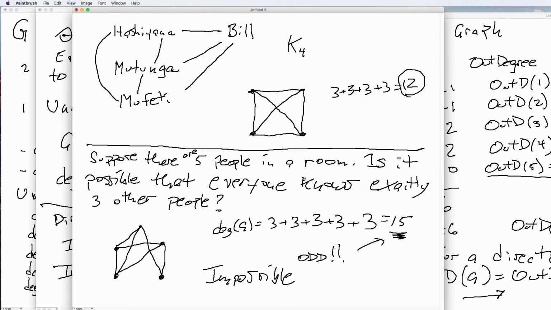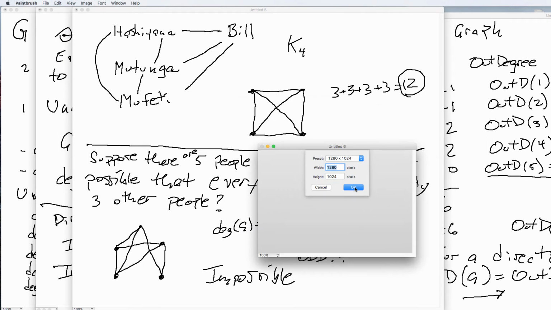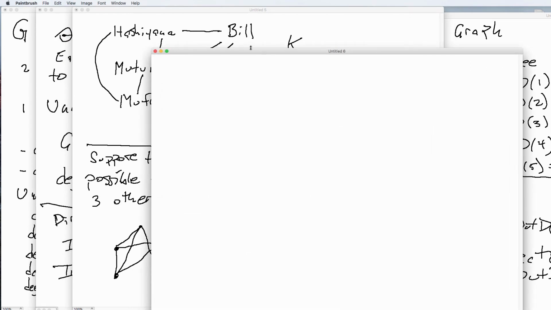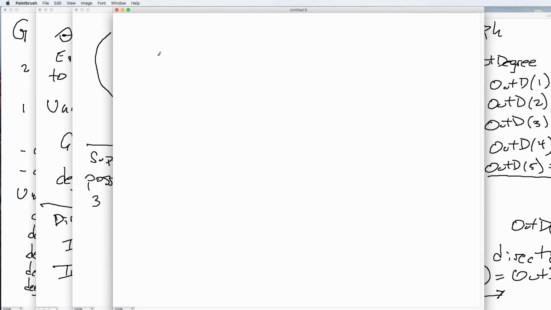So the answer is this is impossible. You can't have 5 people in a room where everyone knows exactly 3 other people. No, it's not possible. What about 6? What about 6 people?